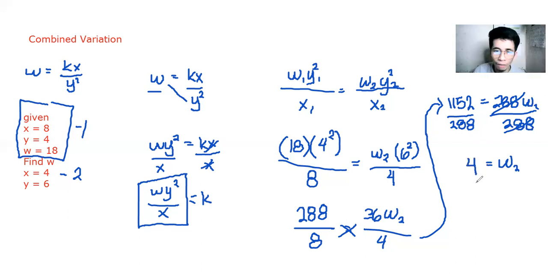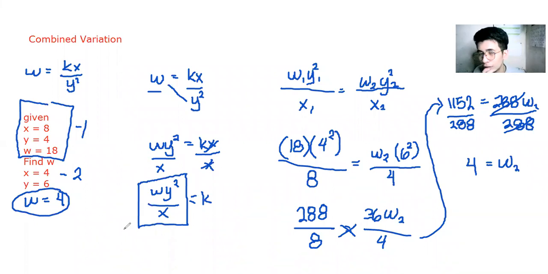So, ang value ng W natin is 4. So, find W. So, this is 4. How come it became 4? Okay? So, our W is 4. Naunawaan?